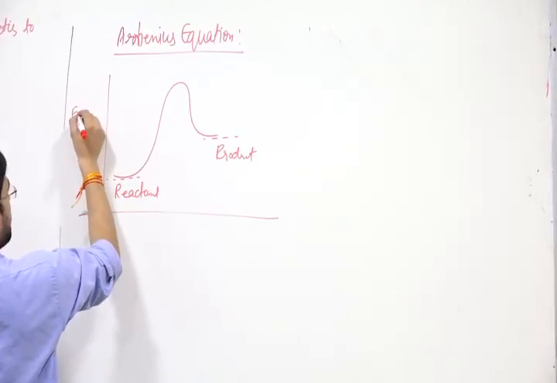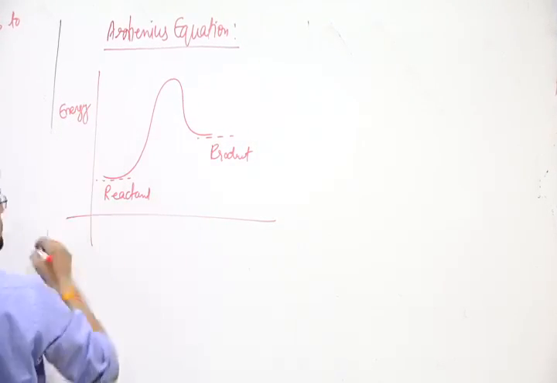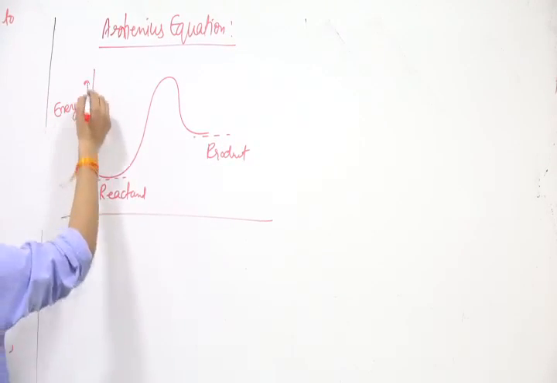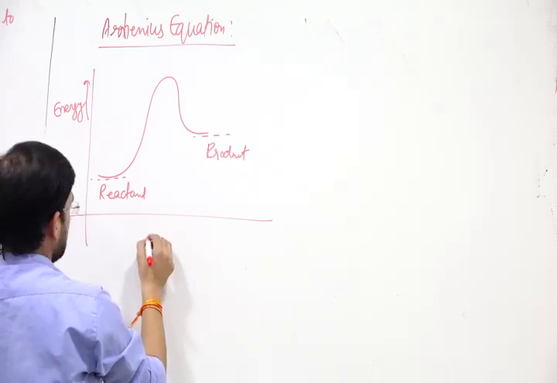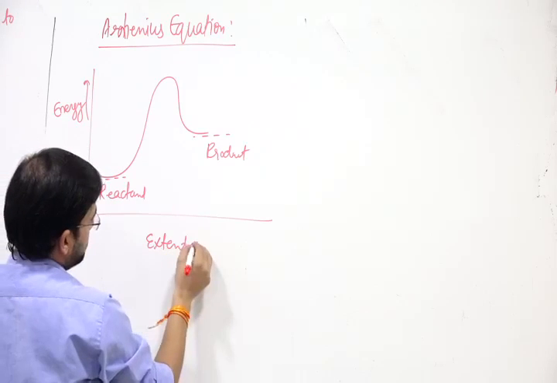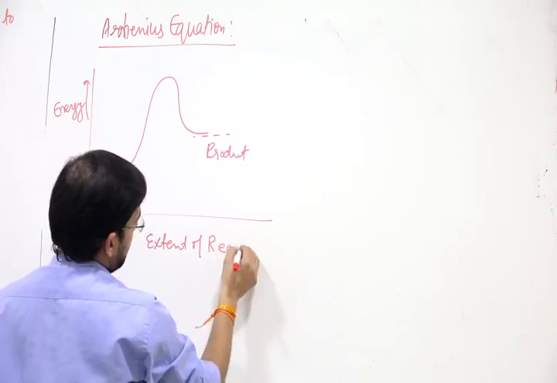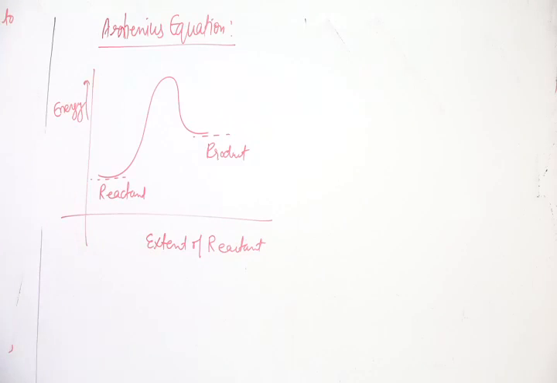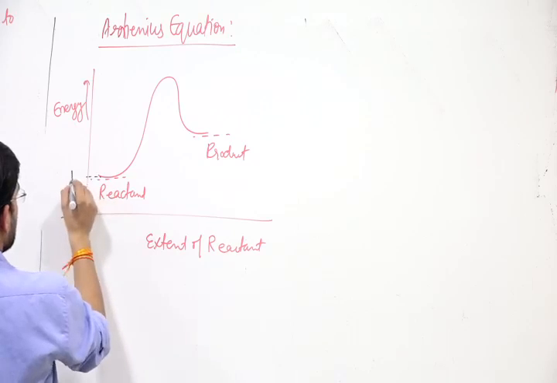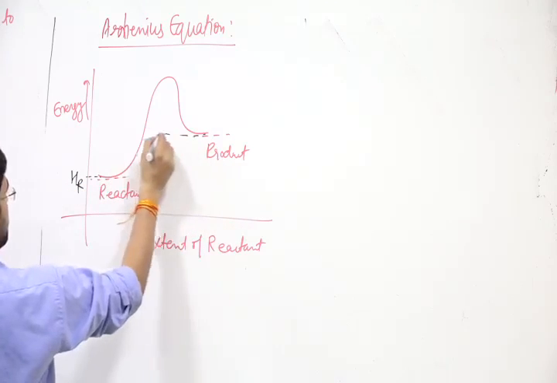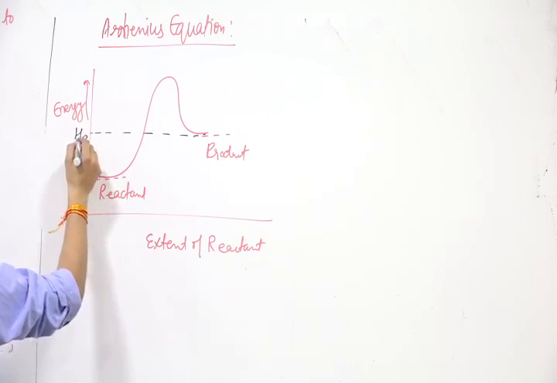This is an enthalpy or energy diagram. The y-axis is energy, the x-axis is extent of reaction. This is known as HR, this is known as HP.